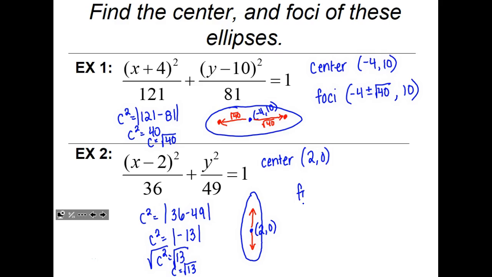So our foci would be at 2, and we take that 0, and we would add or subtract the square root of 13. Now, it's unnecessary to write that 0, so probably we would rather see it written like this, 2 plus or minus the square root of 13. And so those are the coordinates of the foci.